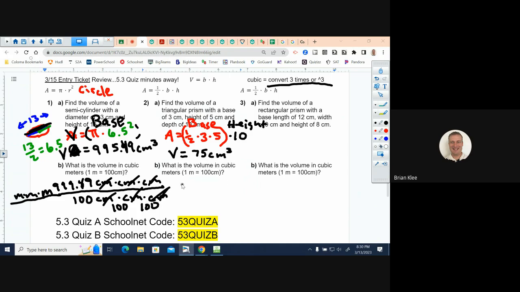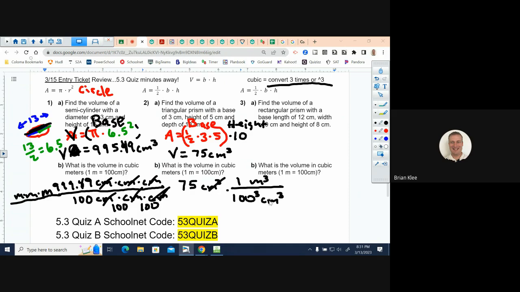This next number is going to be ridiculous then, because we need 75 cubic centimeters to be canceled. And here's that whole third power. Well, 100 to the third power is 1 million. 100 times 100 times 100 would be 1 with 6 zeros.